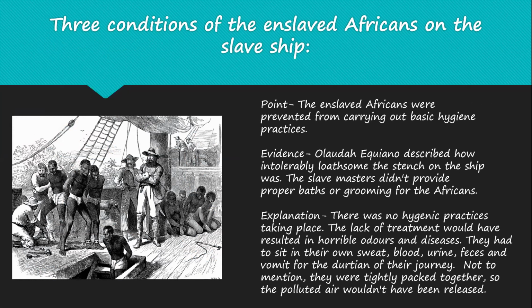The slave masters didn't provide proper baths or grooming for the Africans. There were no hygienic practices taking place. The lack of treatment would have resulted in horrible odors and diseases. They had to sit in their own sweat, blood, urine, feces, and vomit for the duration of their journey.